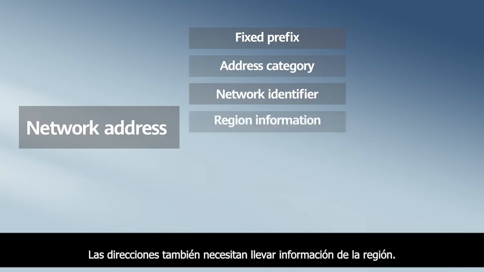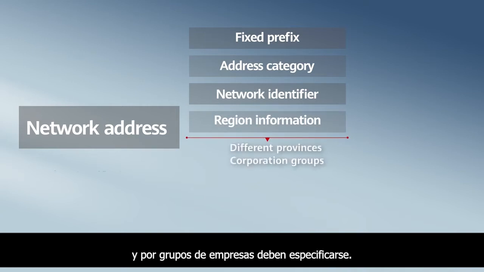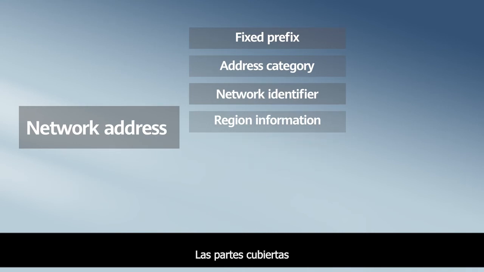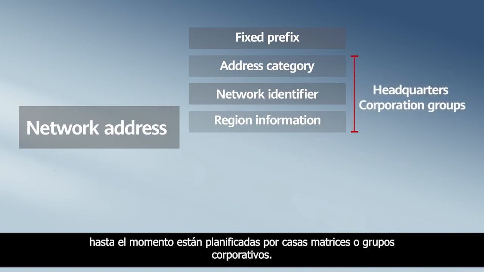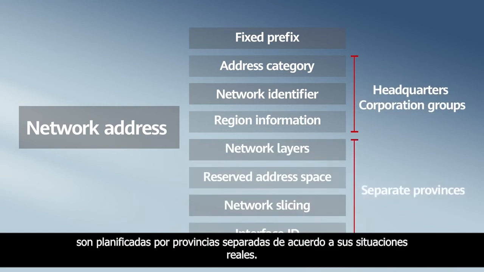Addresses also need to carry region information. For example, addresses used by different provinces and by cooperation groups need to be specified. The parts covered so far are planned by headquarters or cooperation groups.